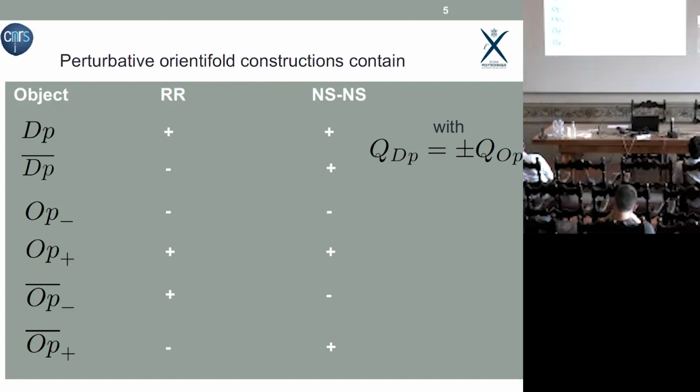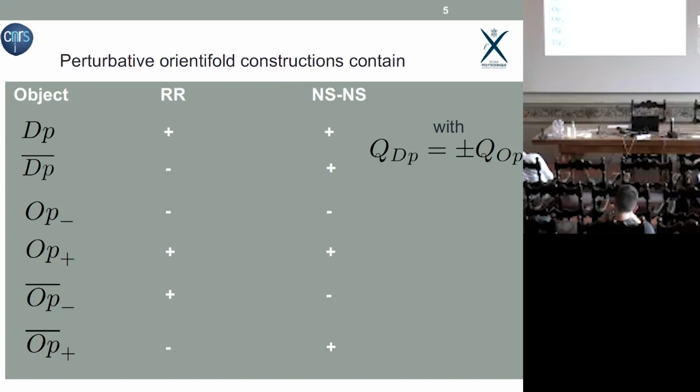When we break supersymmetry, we also have anti-branes, which have opposite charge. So an anti-brane has negative charge, like a positron, if you want. The same story holds for the orientifolds. The objects with a bar have the opposite charge of the corresponding orientifolds.